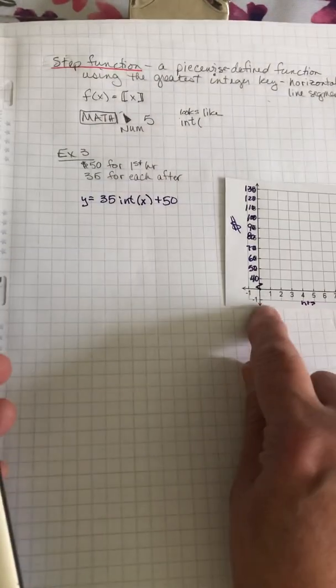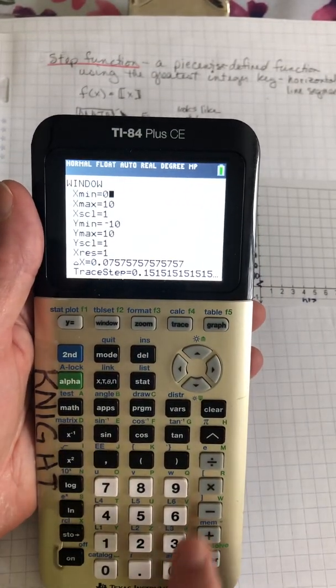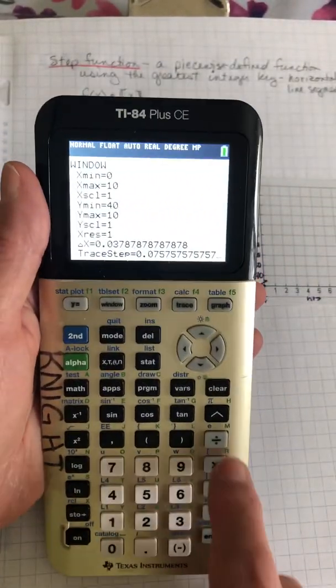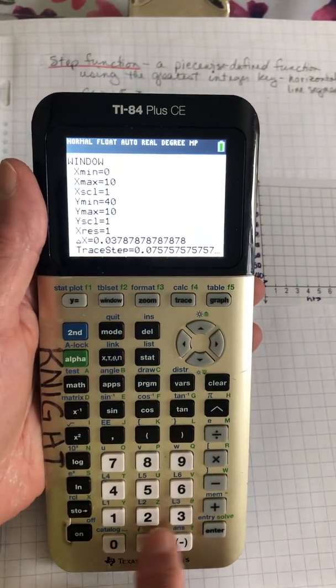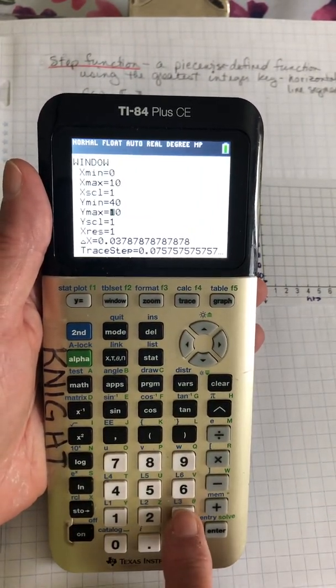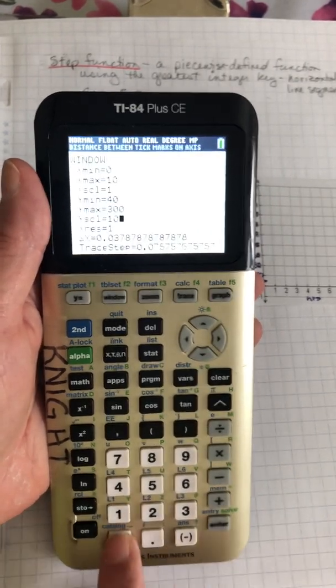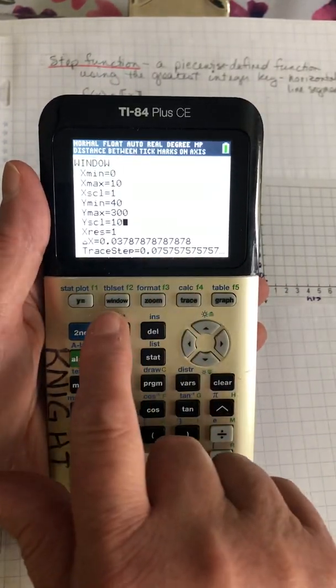Now, I remember my x values go by hours, so that can just go up to 10, and it can go by ones. My y-minimum, remember I changed it to 40. This is one where I can say, hey, I want to go up to maybe, there are some auto mechanic bills that are like $300, and let's go by tens, okay? So I've changed my window.